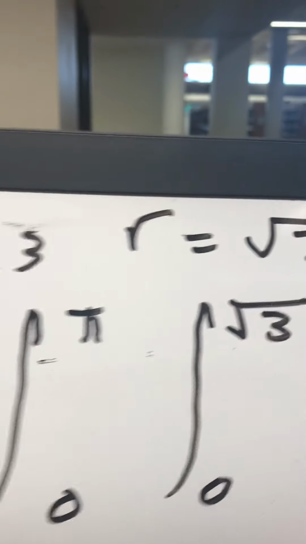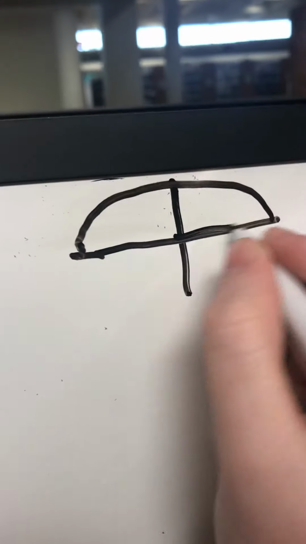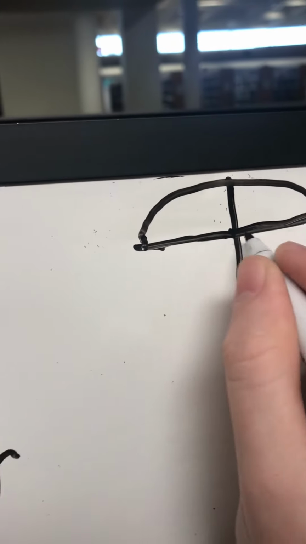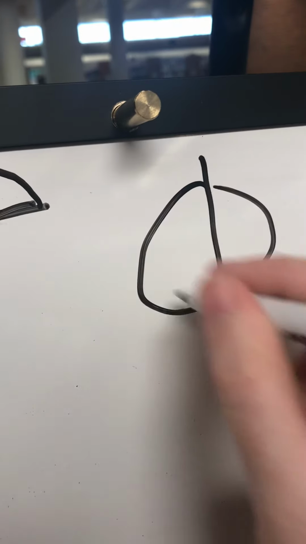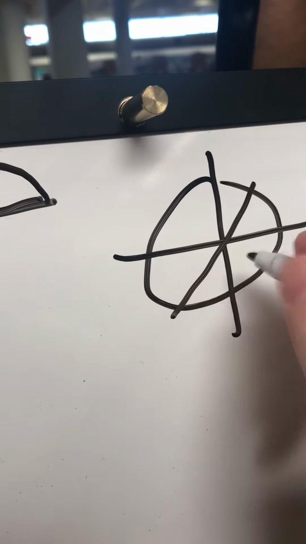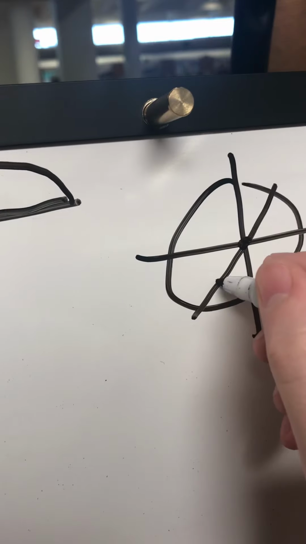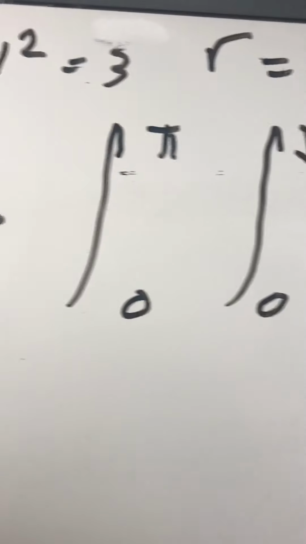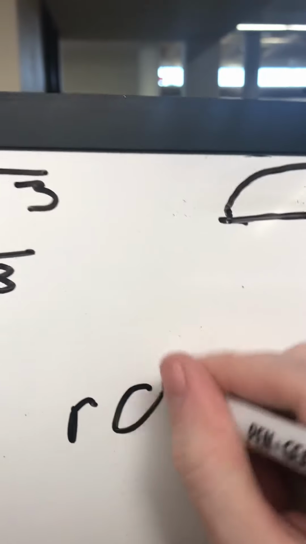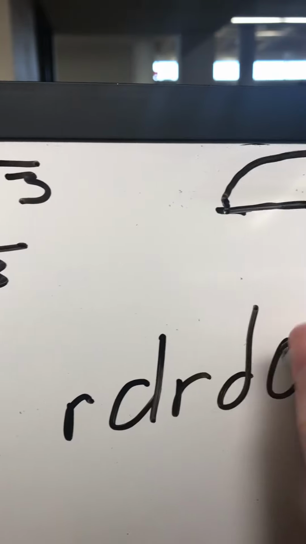You see that it only wants to go from 0 to 3. So we're wanting to go from here, which only gives us a certain portion. r dr d theta.